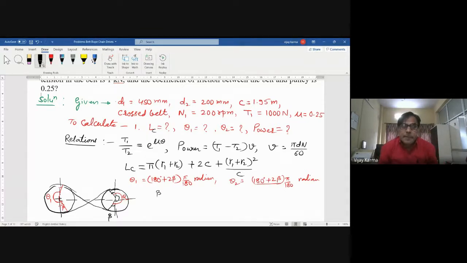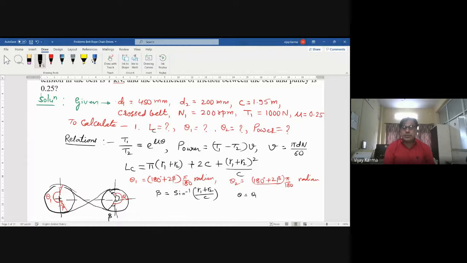This beta is sine inverse of (r1 plus r2) divided by c. So here theta 1 equal to theta 2 will come out.